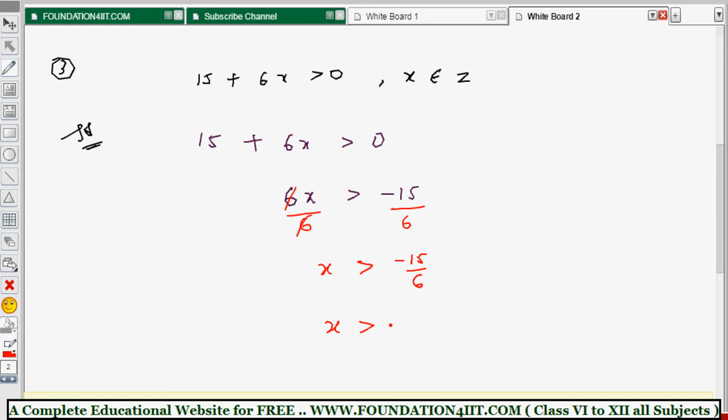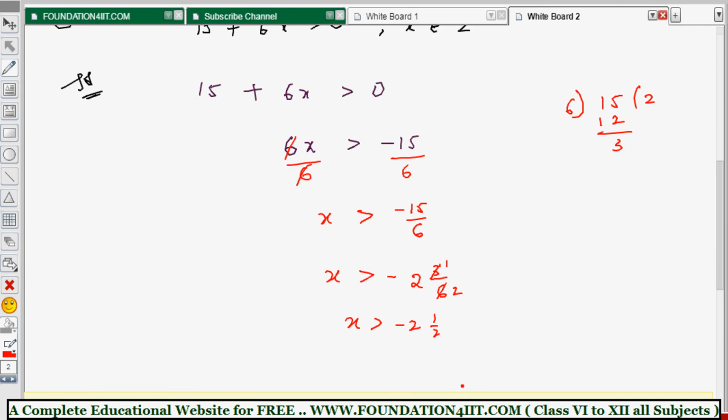We can write it as a mixed fraction: 15 divided by 6, 6 twos are 12, remainder 3, so 2 3 by 6, that is 2 1 by 2. X is greater than minus 2 and a half.